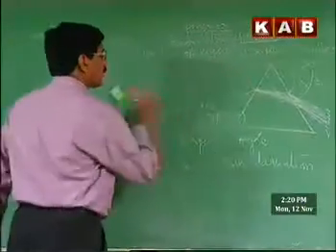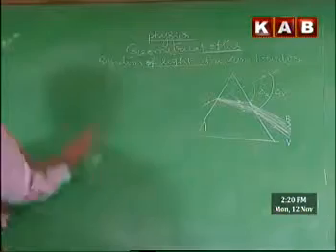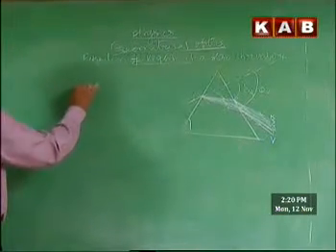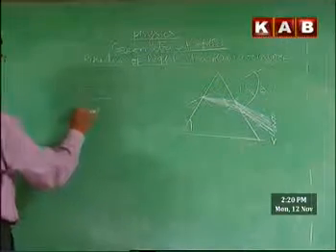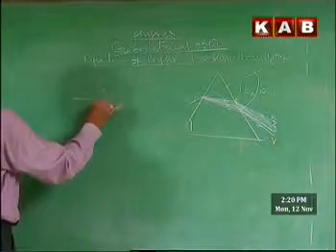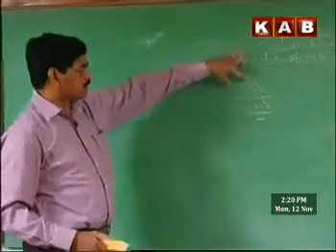Now, the ratio between these two, what is that? Delta V minus delta R, the dispersion angle, divided by the mean deviation angle.